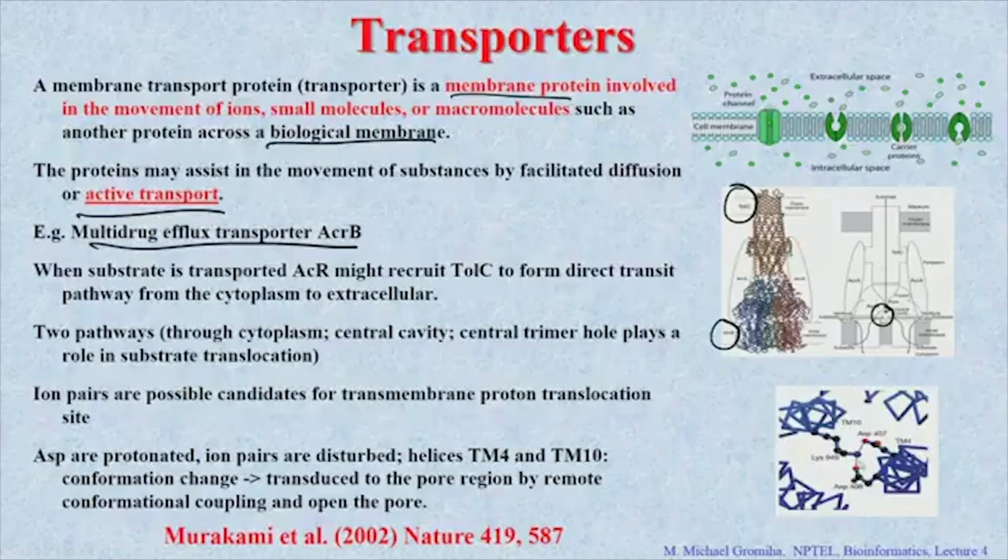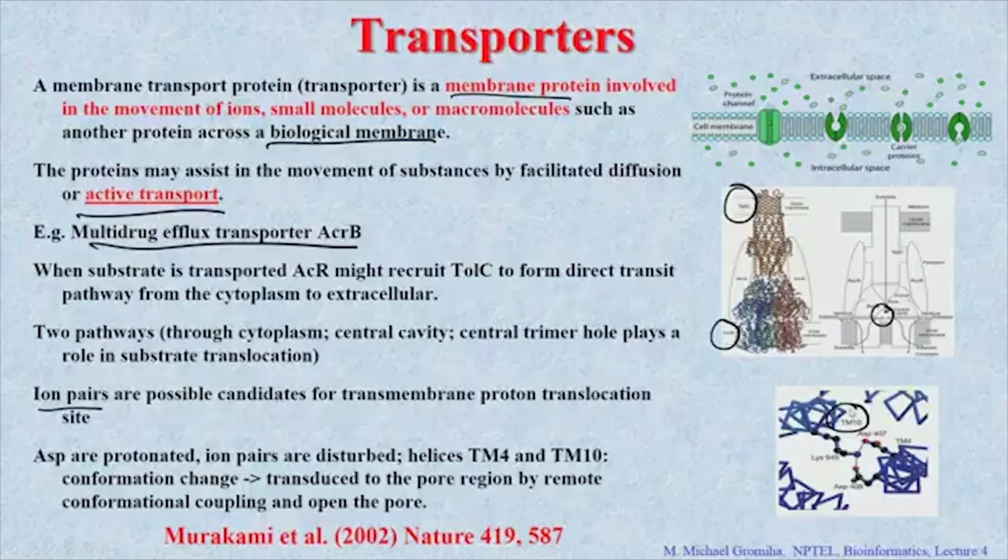So the substrate crosses the membrane, and during this transport, the transmembrane helices like transmembrane helix 10, with residues involved in electrostatic interactions like ASP 407, LYS 940 and ASP 408, are disturbed. These ion pairs are possible candidates for the translocation, and they are disturbed.